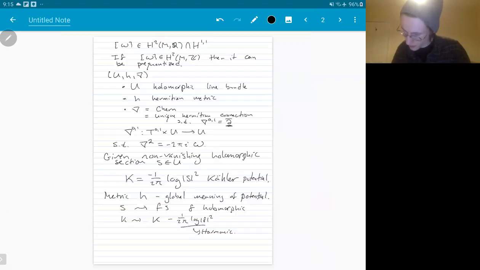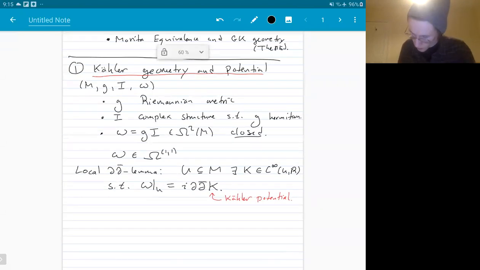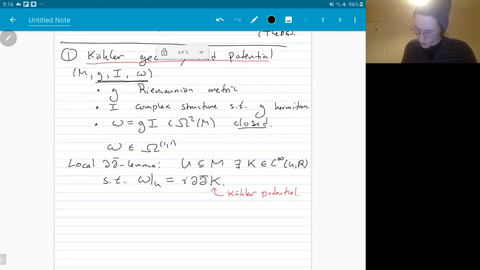So the way that this would be answered in the Kähler case, we have these three structures, but they're all related in a certain way. Essentially the moduli of Kähler structures comes down to the complex structure, that's the holomorphic structure that you can vary.